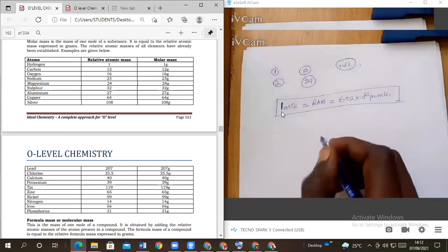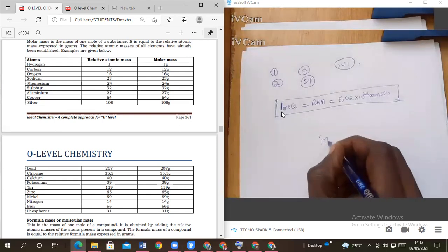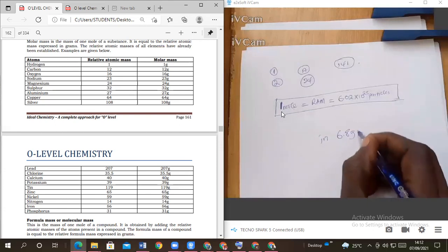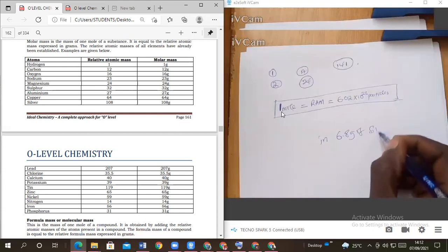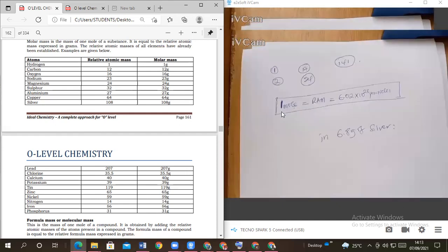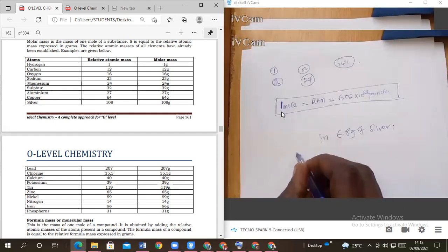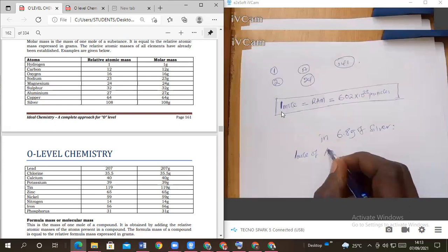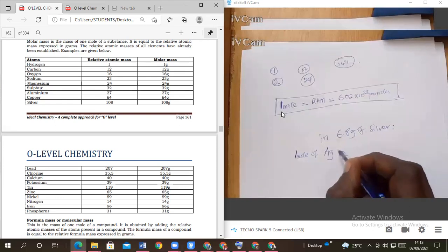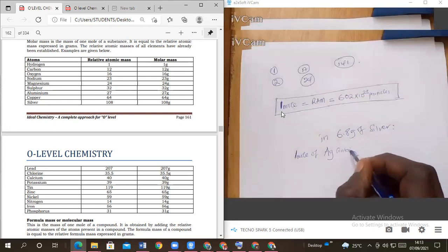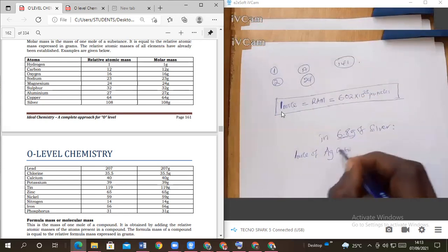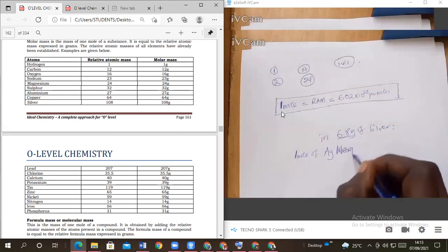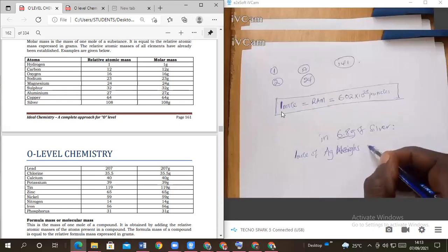Like if they say, find the number of moles in 6.8 grams of silver. The way you start this equation is you write 1 mole of silver contains, now they have given us grams, we say it weighs 108 grams.